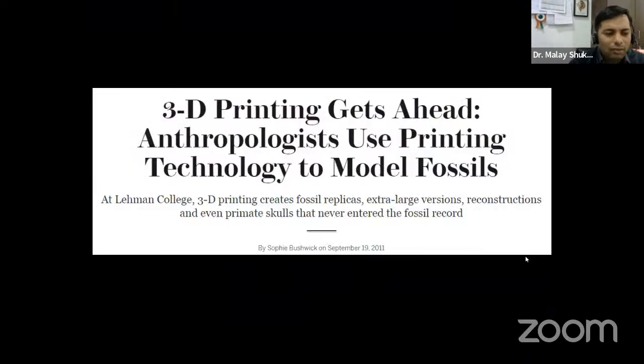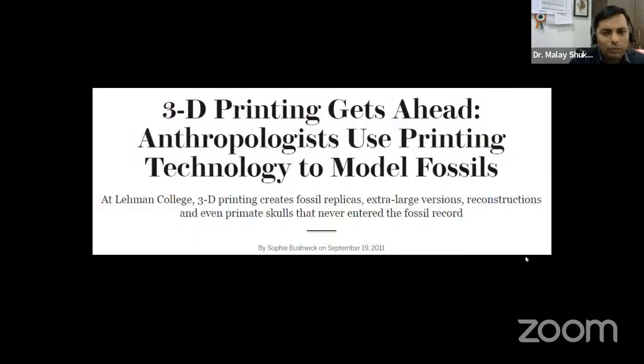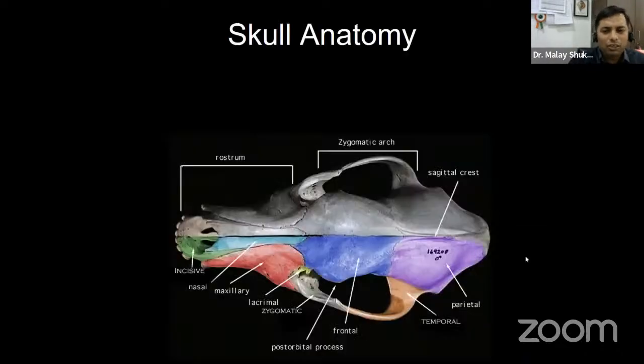Right. But then we have moved a step ahead. Suppose we have one specimen of any skull. We take a photograph, project it in the software, and prepare a 3D sketch or 3D print of the skull.